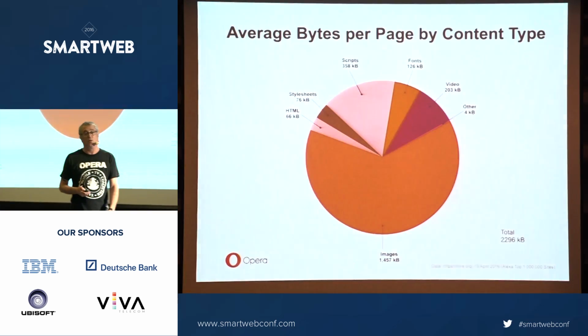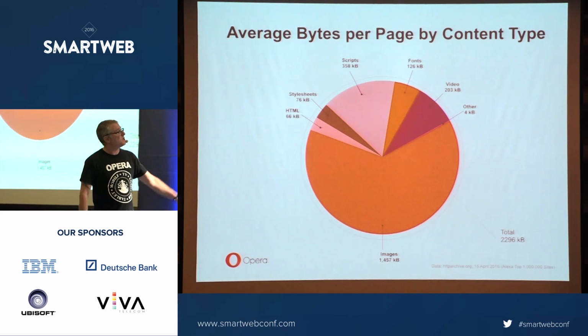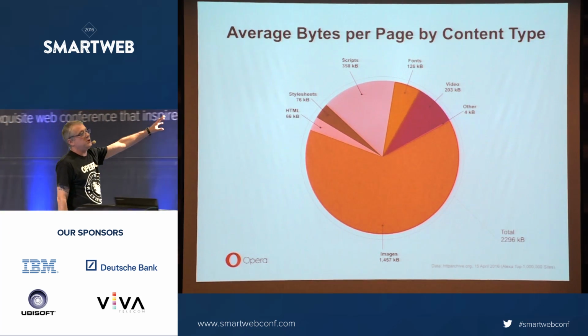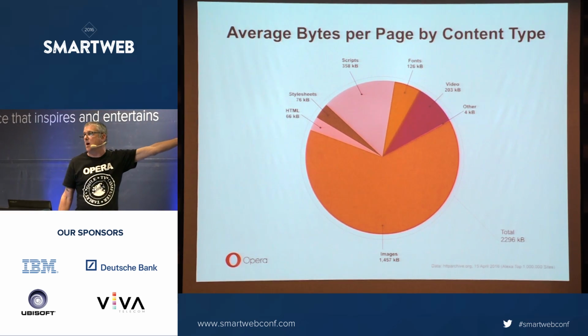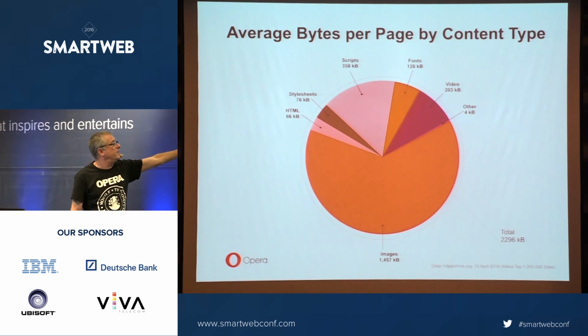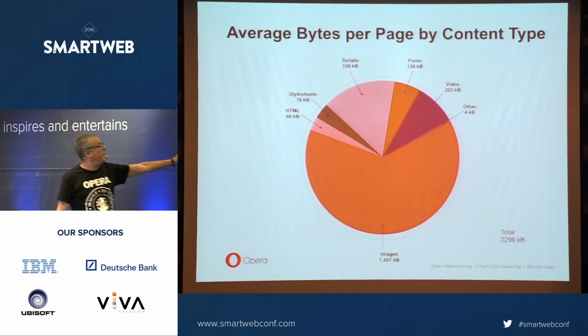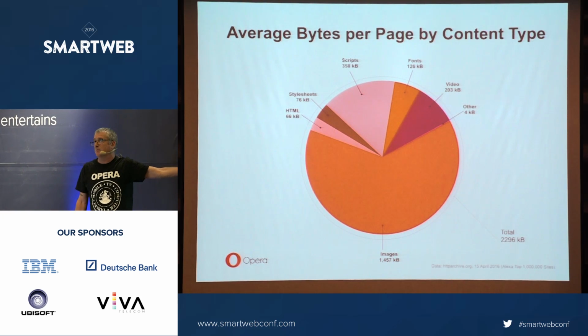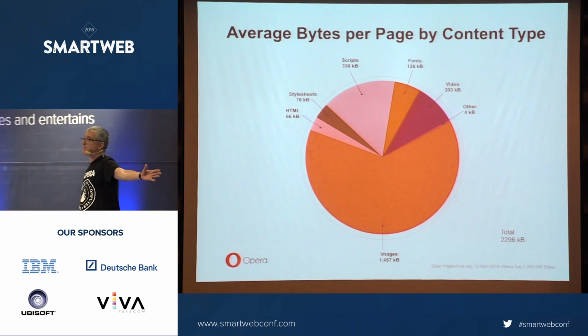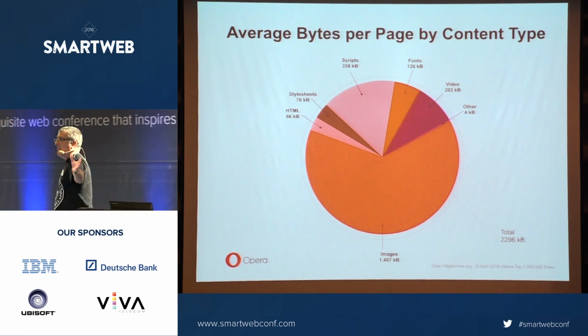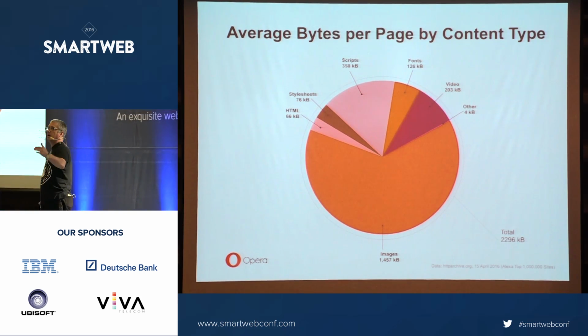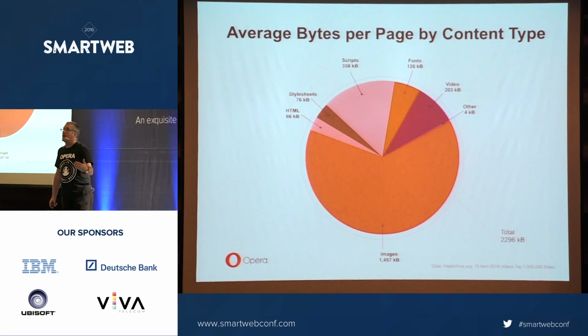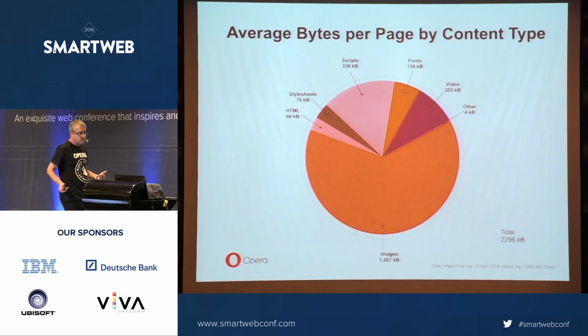When I wrote this talk in April, this was the size of the average web page, not website or web app, 2.3 megabytes, of which 1.5 megabytes is images. And if we can make those smaller, they will load faster, and your site will load faster.